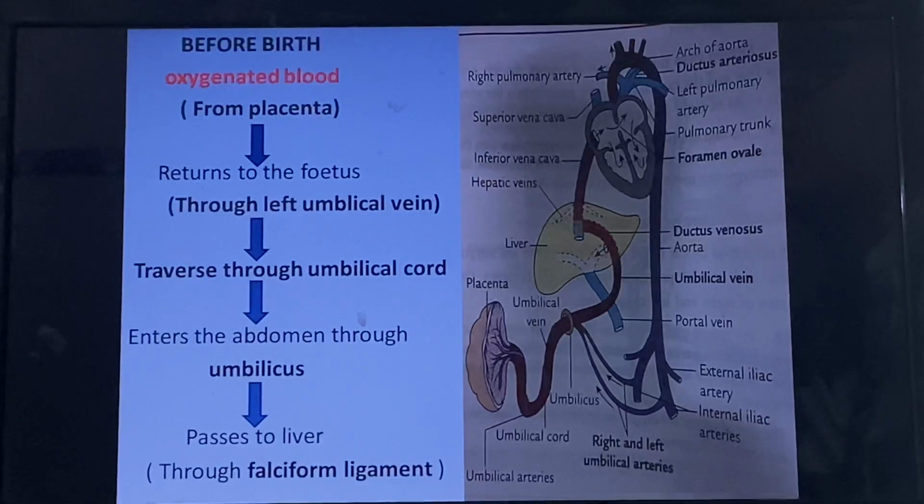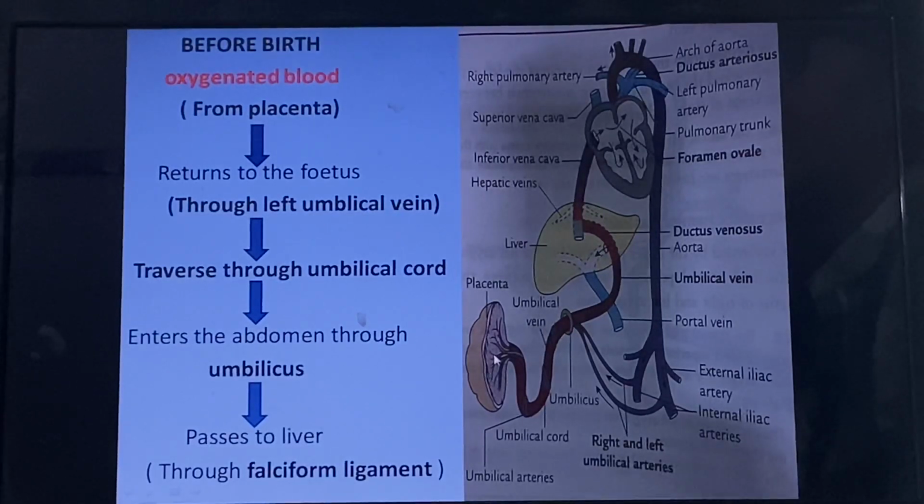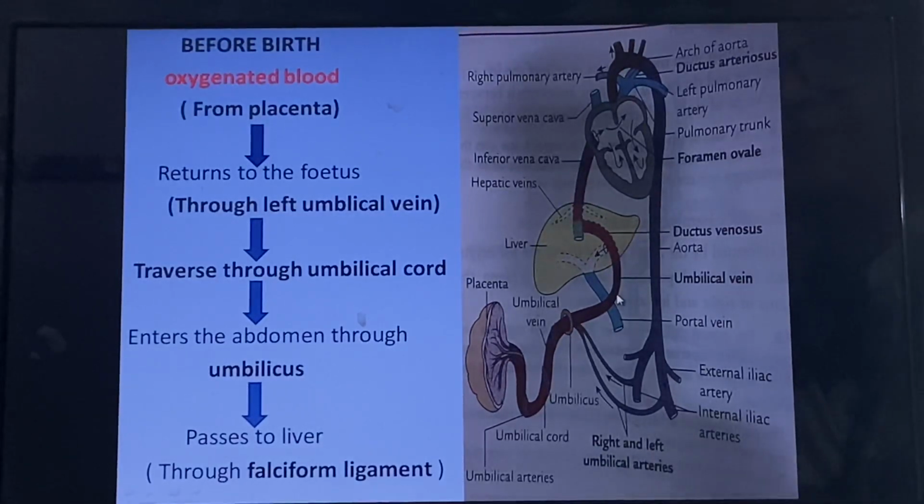Next it passes to the liver. You can see in the diagram the blood is entering into the liver. So from placenta, umbilical vein, umbilical cord, the cord is running through the umbilicus, entering into the abdomen and reaching the liver through the falciform ligament.